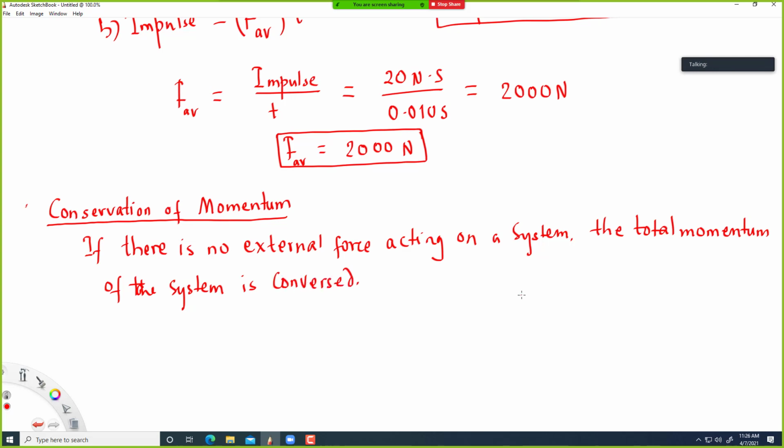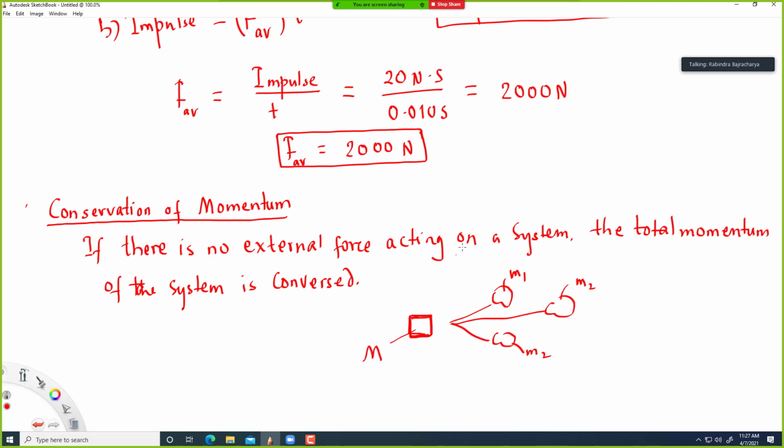In a system you can have a bunch of objects. Let's say you have an object, some explosive object, and it explodes into a couple of pieces, with mass m1, m2, and m3. So the total mass here is m.